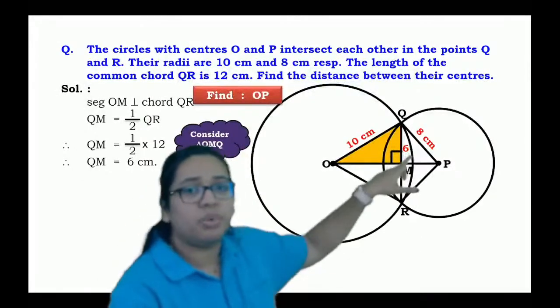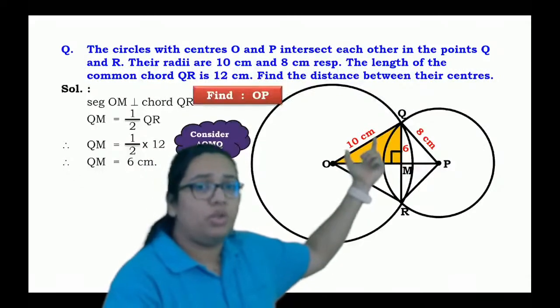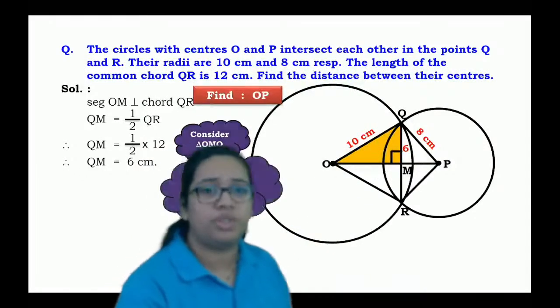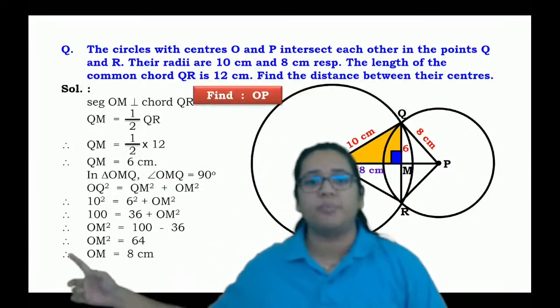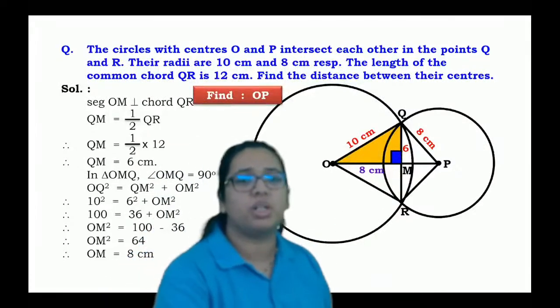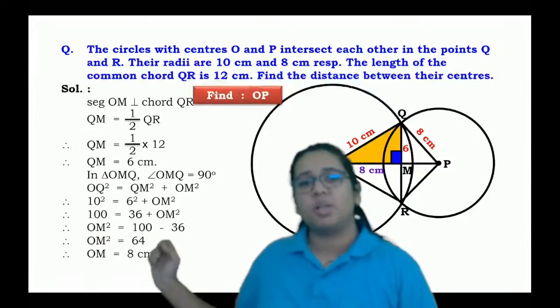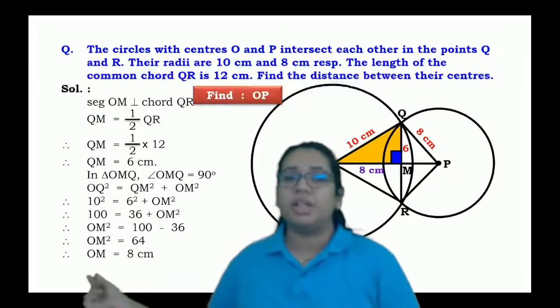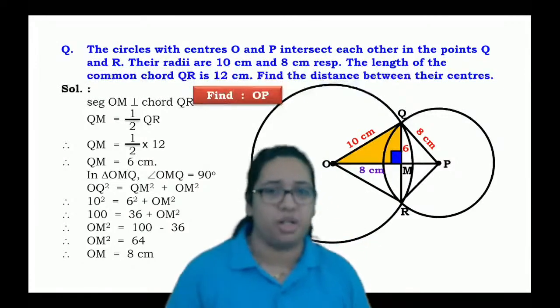So it is a right angle triangle in which you have the hypotenuse and one of the sides. So OM square will be 10 square minus 6 square, which is 100 minus 36. So you will get OM as 8 centimeter.